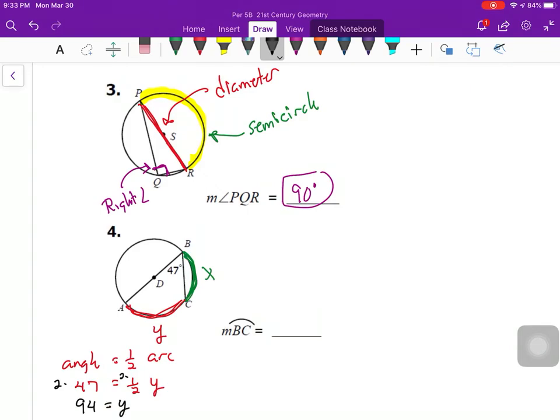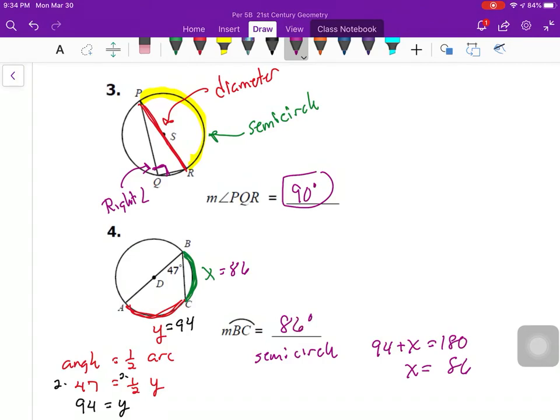I know I can multiply by 2, and I get 94 equals my y. And then I know that I have a semicircle. Because I have a semicircle, I know that the 94 plus the x will equal 180, so my x will come out to be 86.